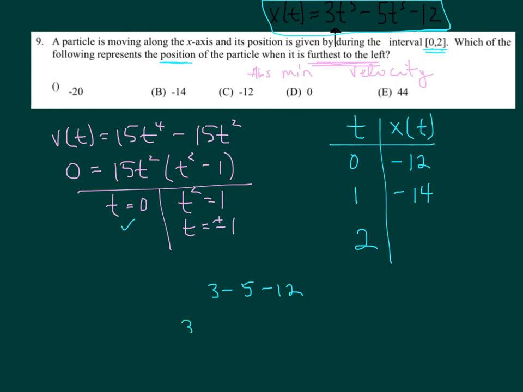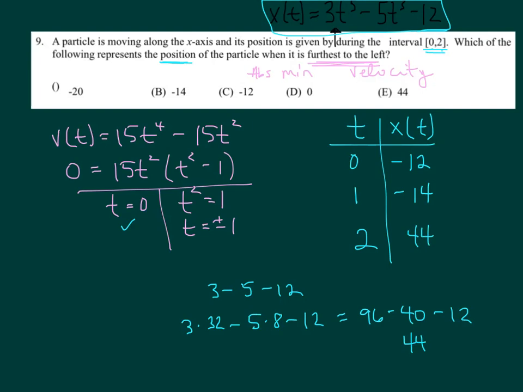So I have 3 times 2 to the 5th, which is 32, minus 5 times 2 to the 3rd, which is 8, minus 12. So 3 times 32 would be 96, minus 40, minus 12. That's 56 minus 12, which is 44.